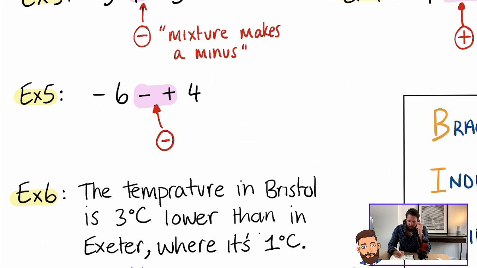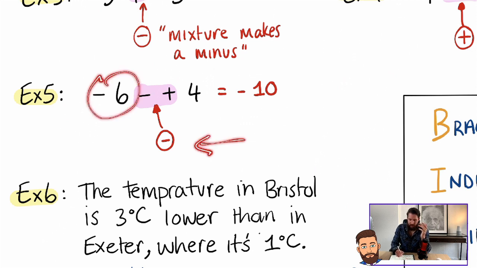So the first thing we should do is realize that this mixture is a minus. So this essentially says I'm starting at -6 and I'm taking away 4. If I'm starting at -6 and taking away 4, I'm going to go left, which would get me down to -10.